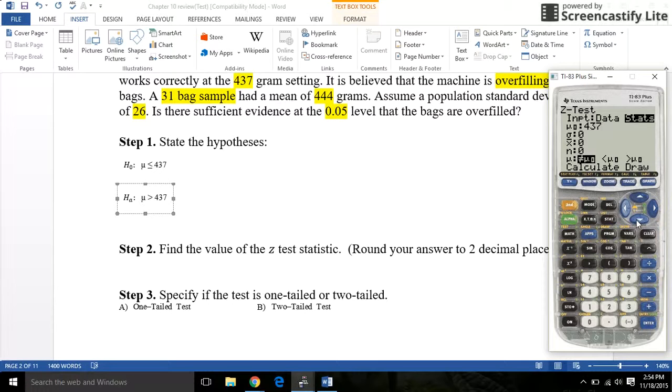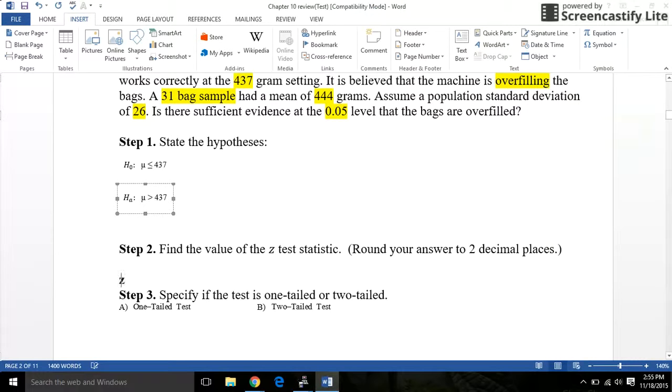My population standard deviation is 26, and I get that from the problem. My sample mean is 444, and my sample size is 31. Here I need to put my alternative hypothesis, so if I go over to the end, it's the greater than symbol. I hit enter, scroll down, hit calculate, and that's what I get. So my z-test statistic, with 2 decimal places, is z equals 1.50.